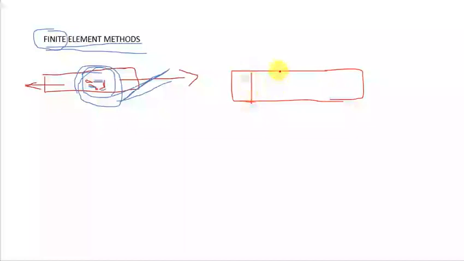Let me say I want to break it into, maybe, let's say, this is my original material, but now I've broken it into this number of particles. So these elements here, these nodes here represent our particles here.